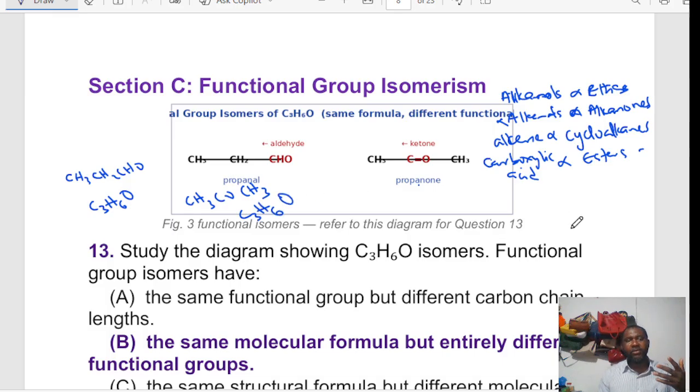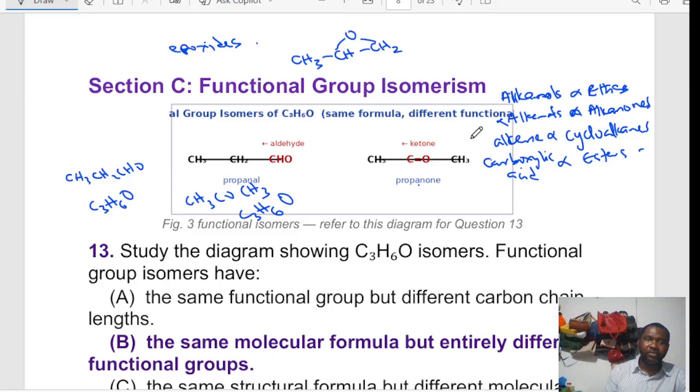But there is also one more isomer that is missing here, a functional isomer of this one. Like I mentioned earlier, they are called epoxides. You could have something like CH3CH, CH2 with an O bridging.